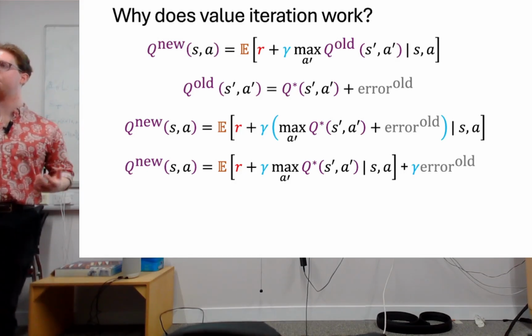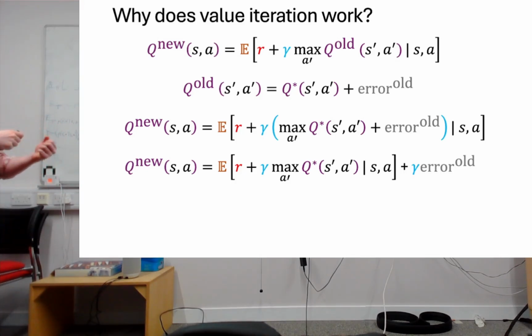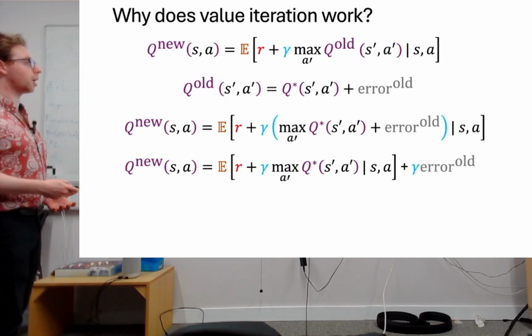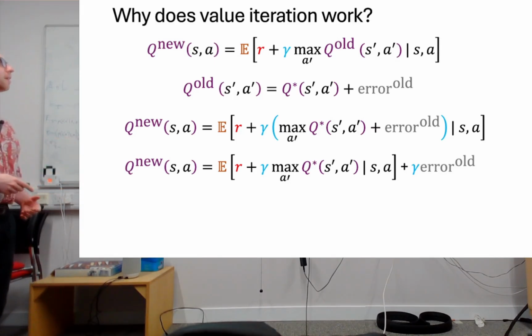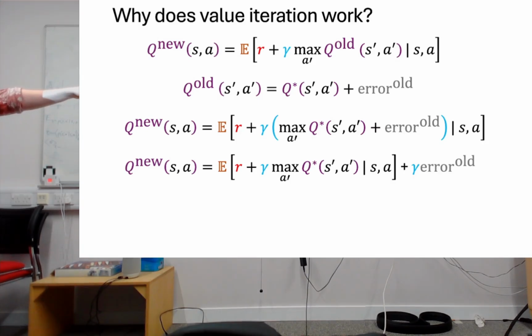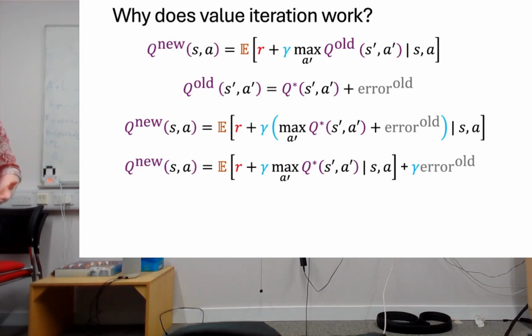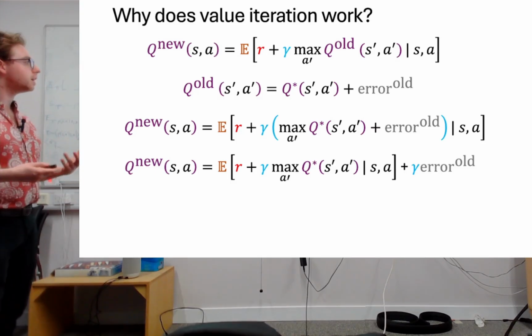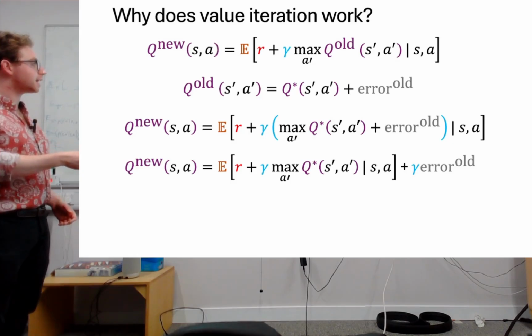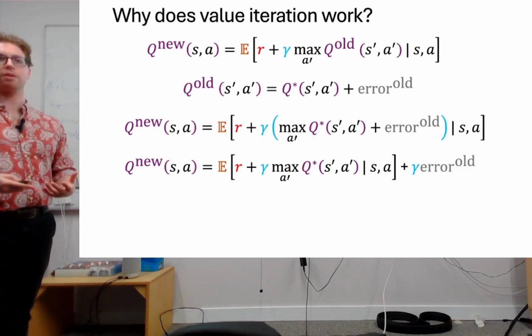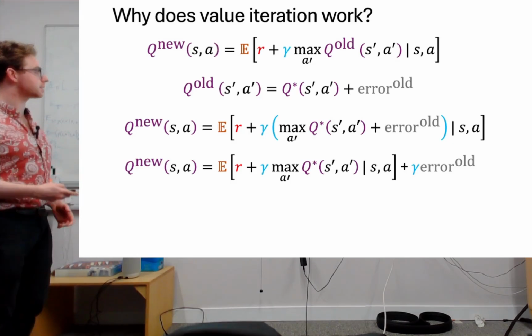What I've done is pull the gamma out, and also pull the error old outside the expectation. This is a very hand-wavy argument, so don't get too caught up on why it's fine to do that. But then look at this thing here. This is just Q star of s, a. Why? Because of the Bellman optimality equation, which tells me precisely that this expectation is just Q star of s, a.